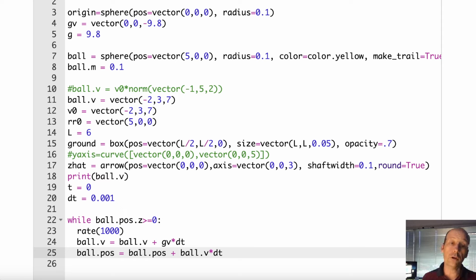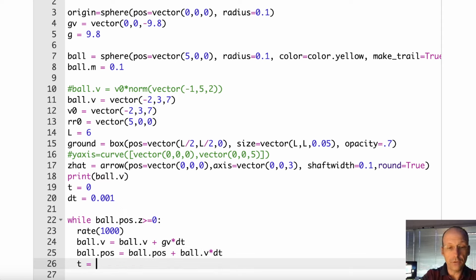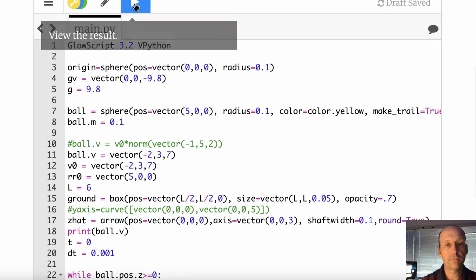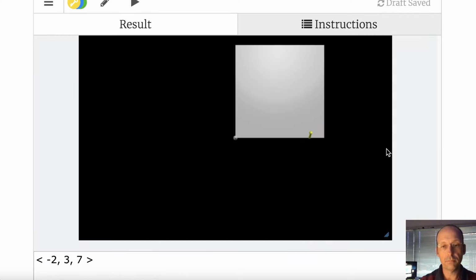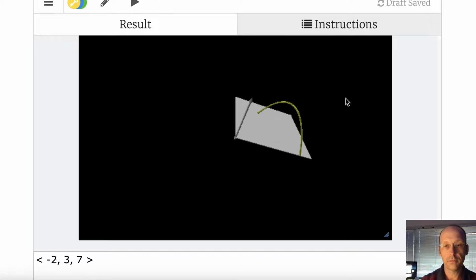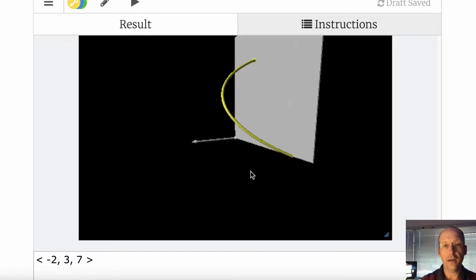And now I'm going to update time. I don't really need to. t equals t plus dt, and it should run. Should. Doesn't always mean it will. There we go. Projectile motion. Nothing super fancy.